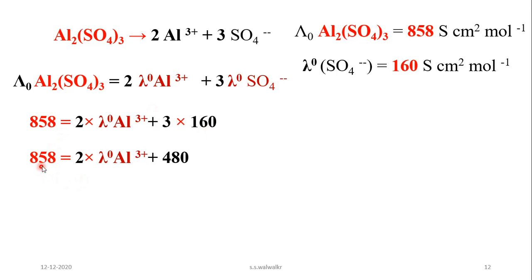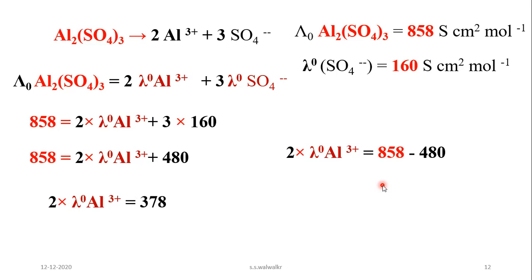So 858 is equal to 2 into lambda 0 of Al ion plus 480, as this multiplication comes. So 2 into lambda 0 of Al ion is equal to 858 minus 480, that is 378. That is the molar conductivity at infinite dilution of 2 Al ions.